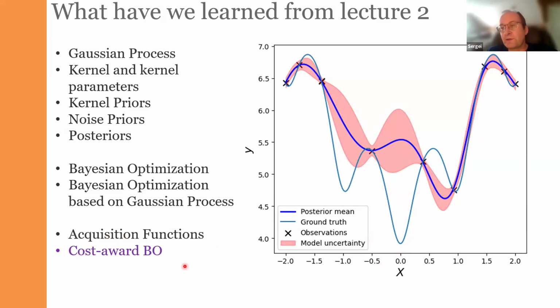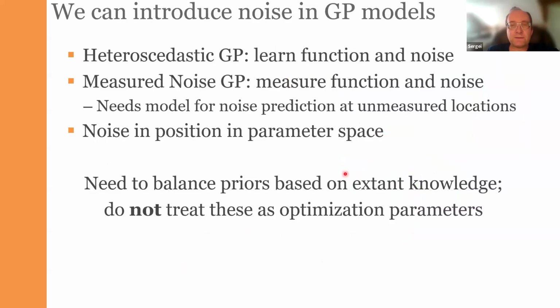The cost of the measurement can be known a priori, or it can be something that we learn. It is a very different scenario whether we know the costs or whether we do the measurement and learn the cost afterwards. But both can be implemented using Gaussian processes.